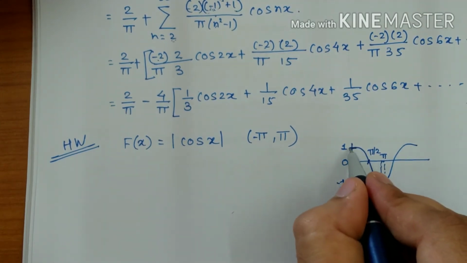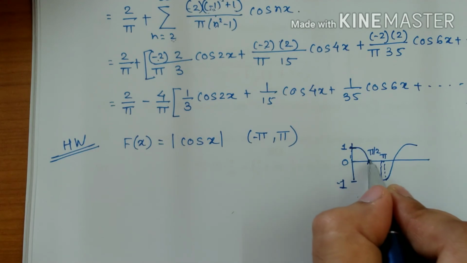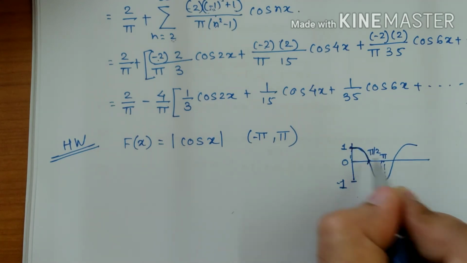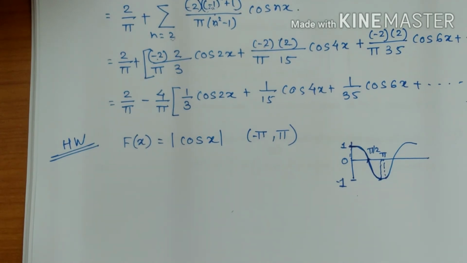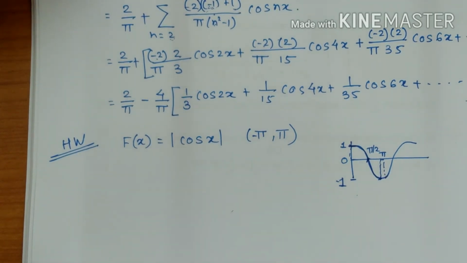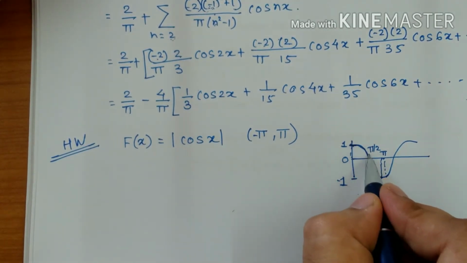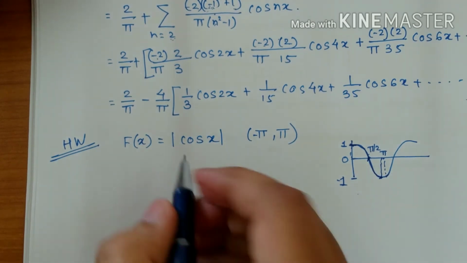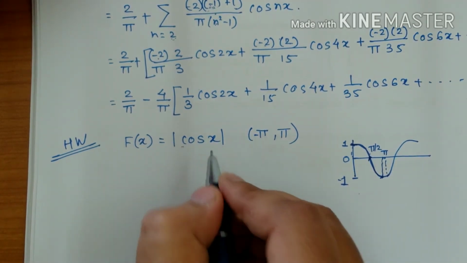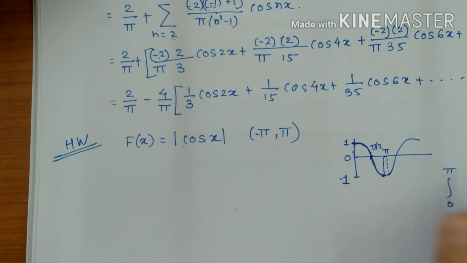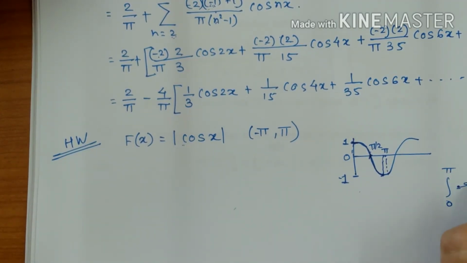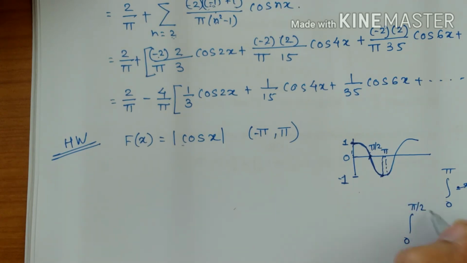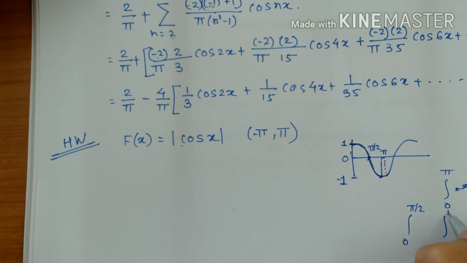So in the interval 0 to pi by 2, the value of cos x is positive, and in the interval pi by 2 to pi, the value of cos x is negative. Here it is plus and here it is minus. So while getting the value of mod of cos x in the interval 0 to pi, you need to divide this integral into two parts, one from 0 to pi by 2 and second from pi by 2 to pi.